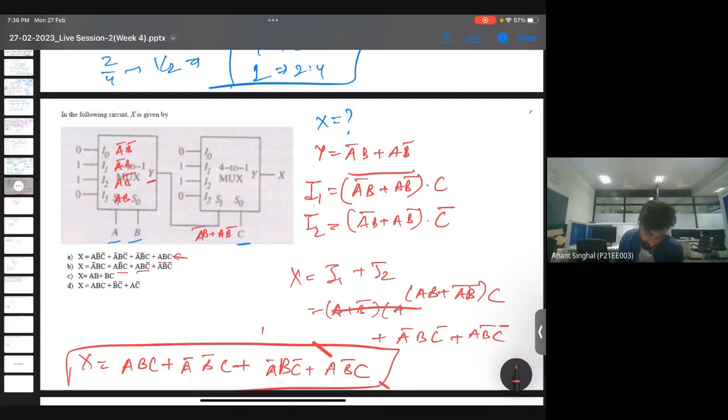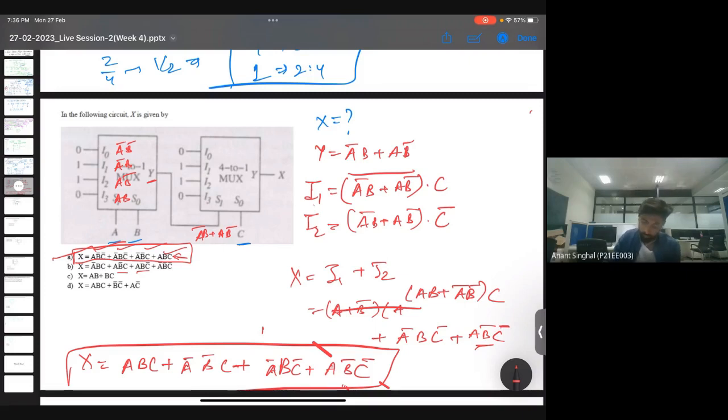Yeah, a b c is there, then a b bar c bar is there, then a b bar c is there. Okay, so yeah, option A is the correct answer. Sorry, I wrote this as wrong. I hope it is fine. So it was C bar, not C.